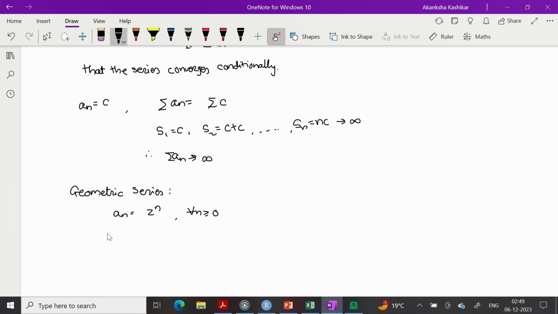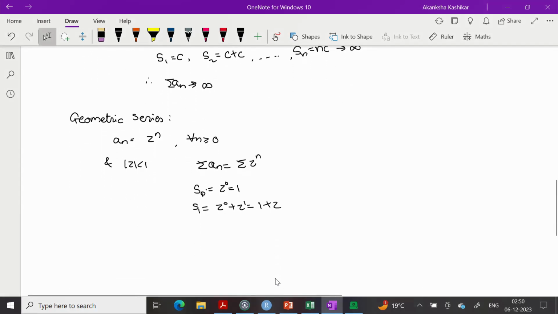We define from 0, and we assume that mod z is strictly less than 1. Then summation a_n is summation z raised to n. I will start with S0 as z raised to 0, so 1. S1 as z raised to 0 plus z raised to 1, which is 1 plus z, and so on.